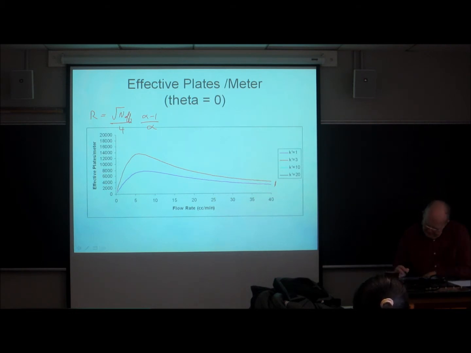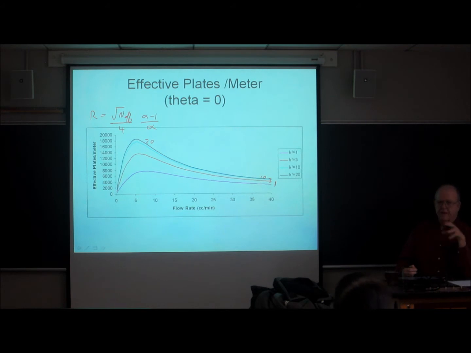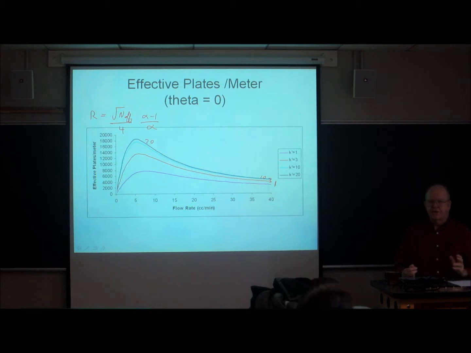So this is K prime of 3, then K prime of 10, and then K prime of 20. And it doesn't do you much good to increase the K prime any further than this because you've reached the largest effective number of plates per meter that you're going to get.